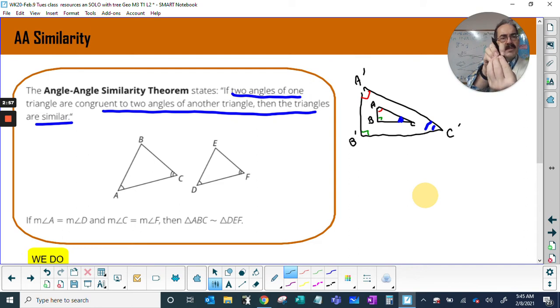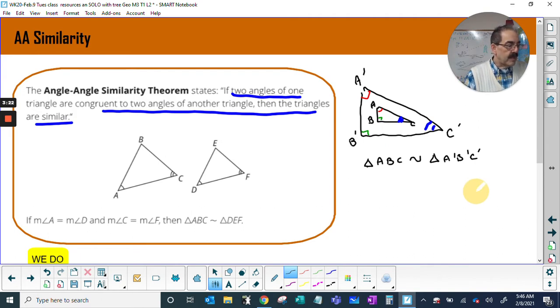See how we took the little guy and made it bigger, but all the angles stayed the same. So in this case, triangle A, B, C is similar to triangle A prime, B prime, C prime. Go ahead and write that down.